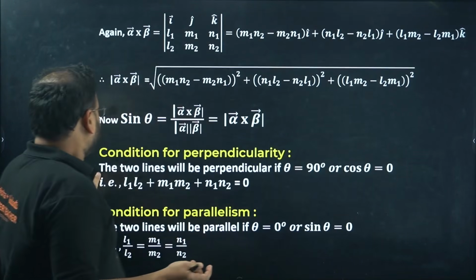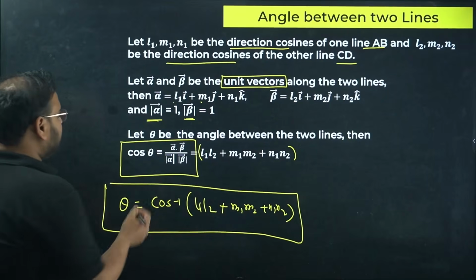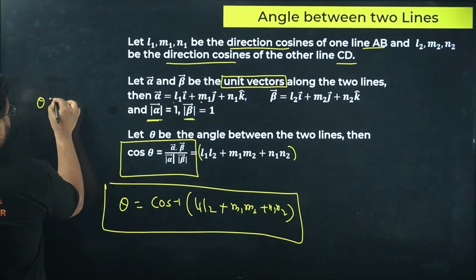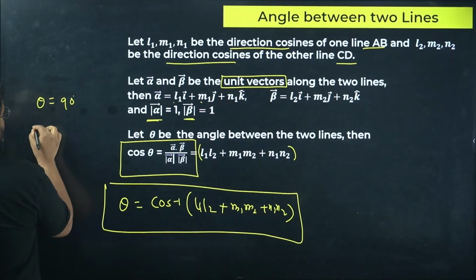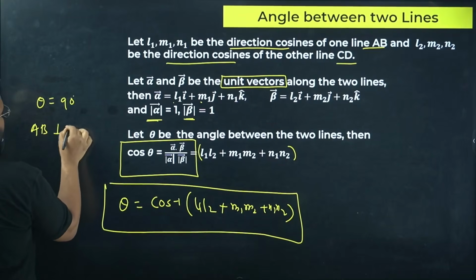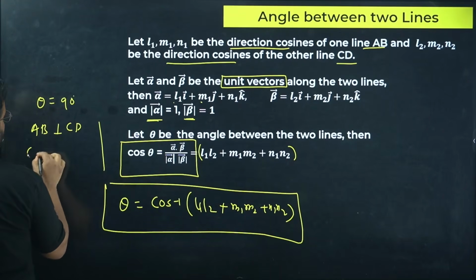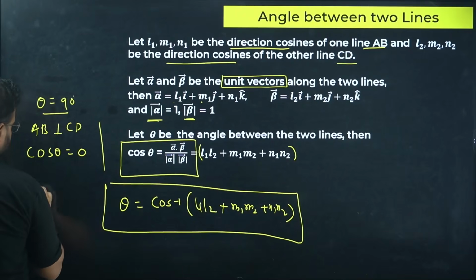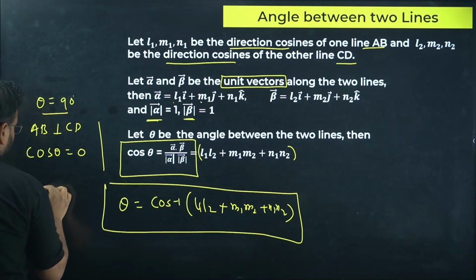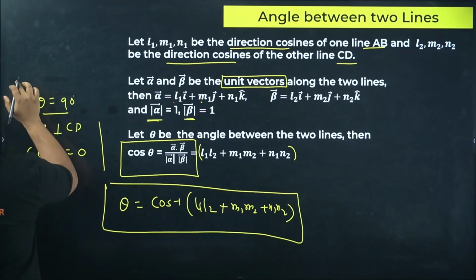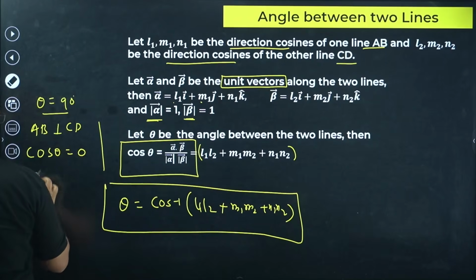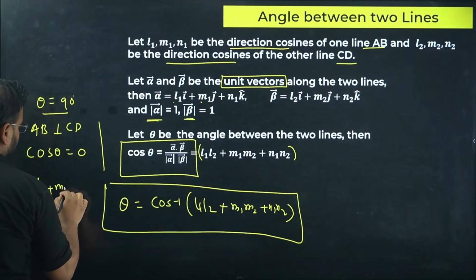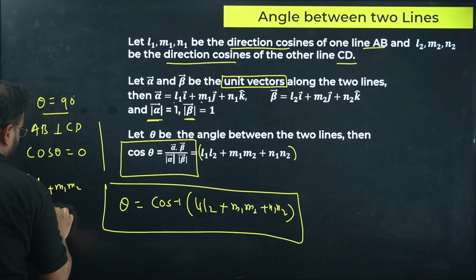Because we can get the result from here, that if theta is 90 degrees, it means AB is perpendicular to CD. What will happen? Cos theta will become 0. Theta is 90, it means L1 L2 + M1 M2 + N1 N2 becomes equal to 0.